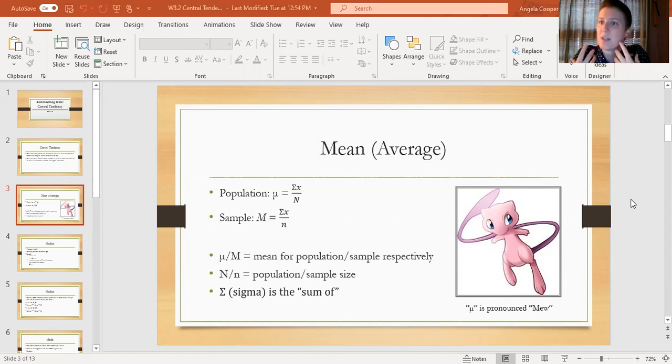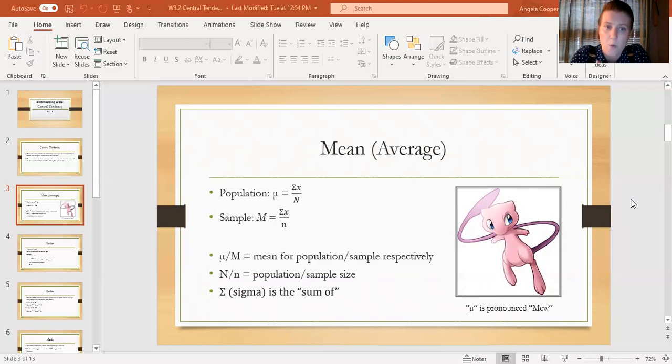They're pretty much exactly the same, but as we move forward in the class, and especially when we go into variability, we will see that there is a distinct difference between population and sample. So I have these two listed here, even though they're essentially saying the same thing. I'm just getting you used to the fact that we are going to deal with populations and samples differently when we use calculations of formulas.